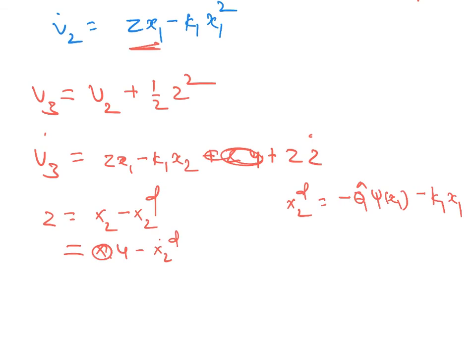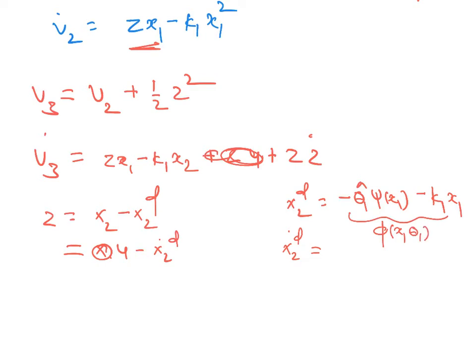So now what will be x2 desired dot? X2 desired dot will be, or this is also phi of x1 theta 1, right?